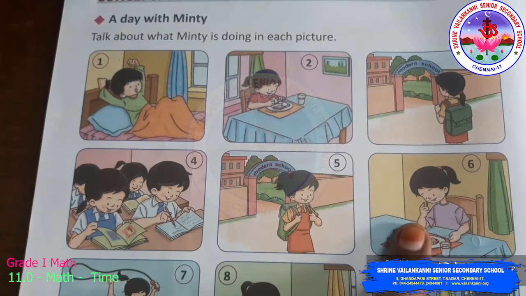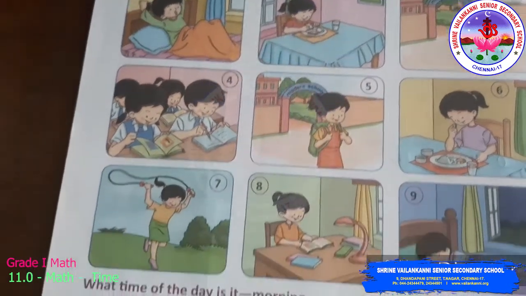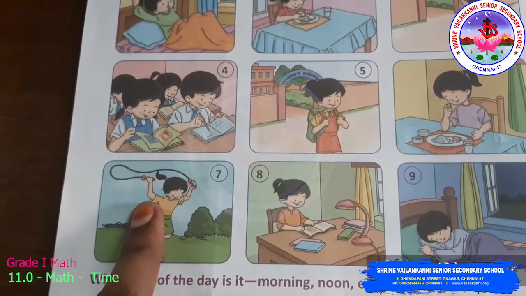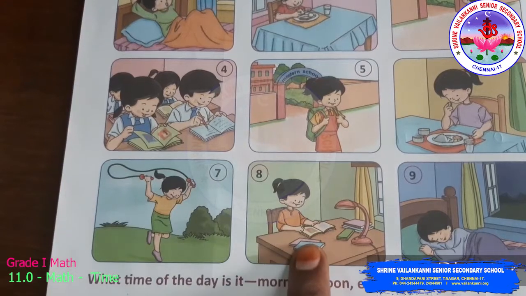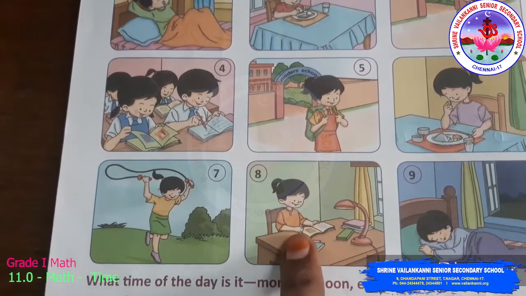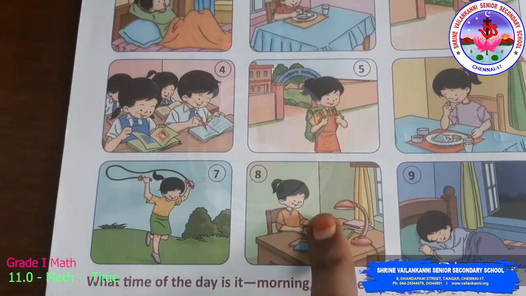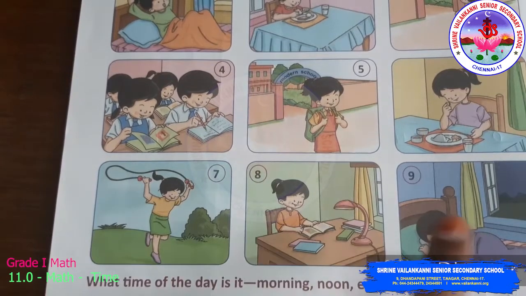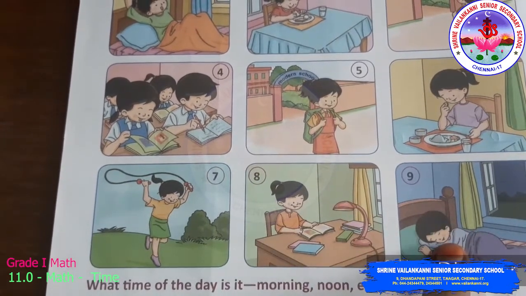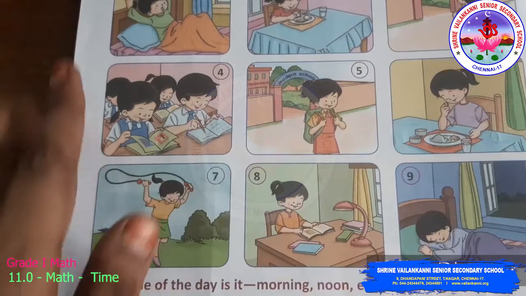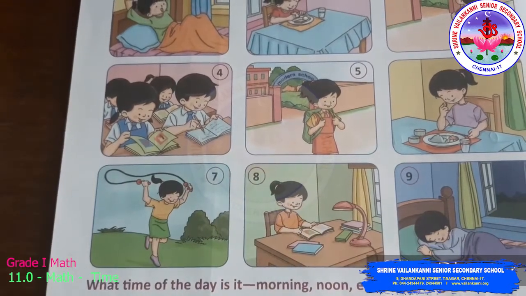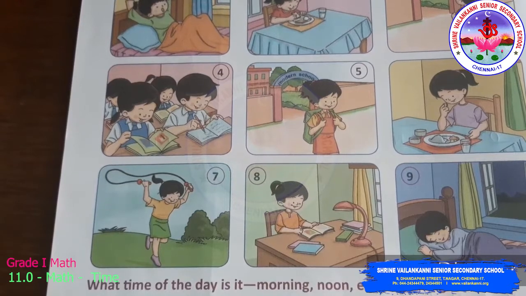Snacks you will have in the evening. Then you will play in the evening. You will do your homework and study in the evening, and at night, after having your dinner, you go to sleep. Yes, this is the sequence, how we can arrange our daily activities according to the time sequence.